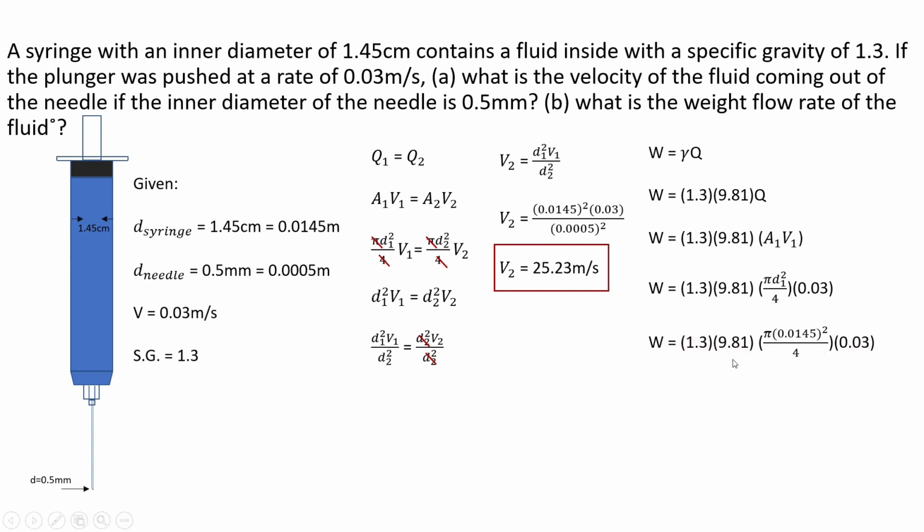Simplifying this, we have the value of the weight flow rate of the fluid, 0.000063 kilonewtons per second. And this is the final answer for the second part of our problem.